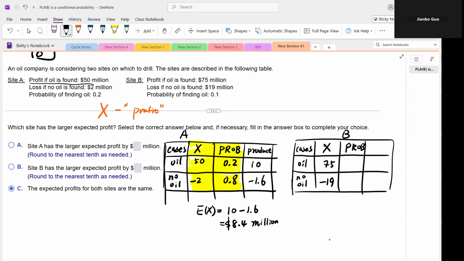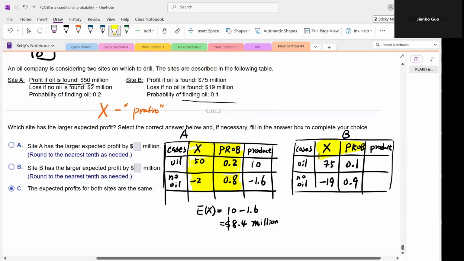It says the probability of finding oil is 0.1. Then the probability of not finding oil would be 0.9, right? The two probabilities must add up to 1. The last column is going to be the product. Same as earlier, the middle two columns give the probability distribution table.